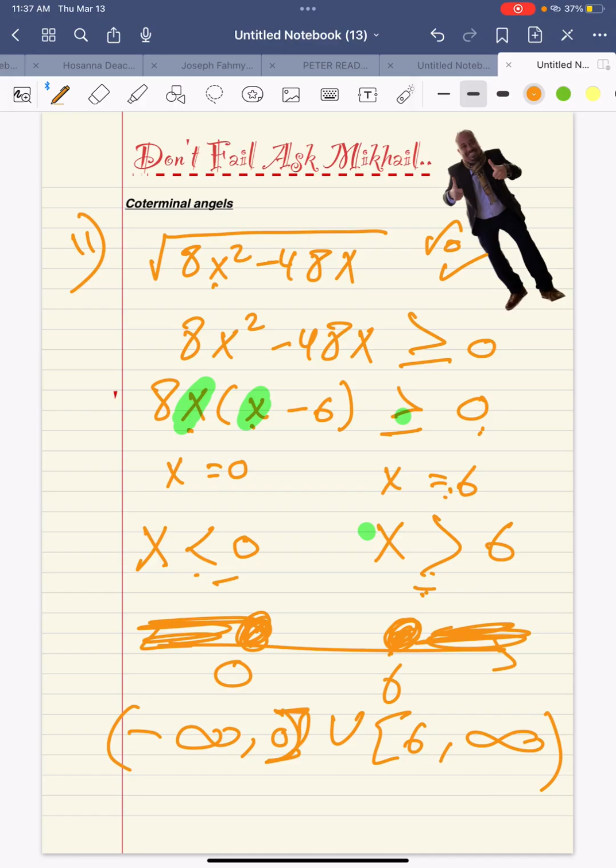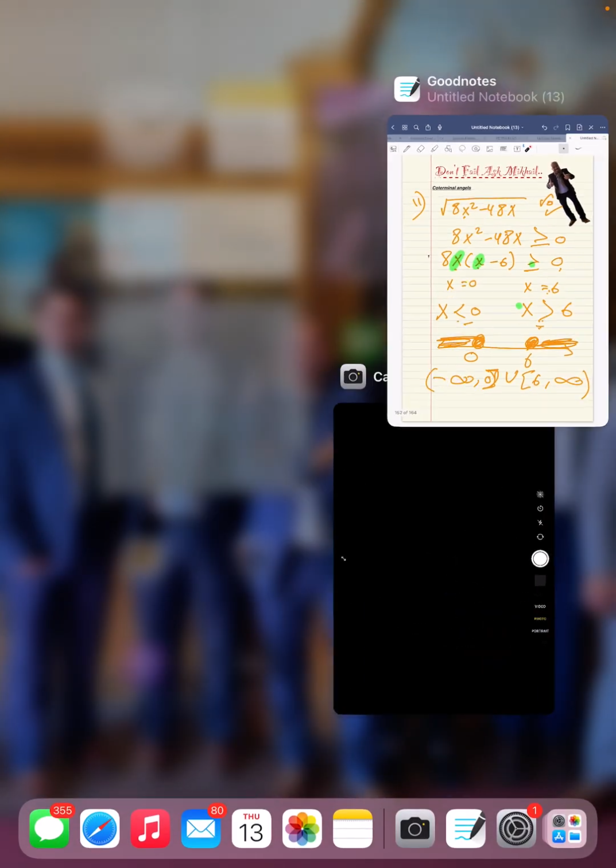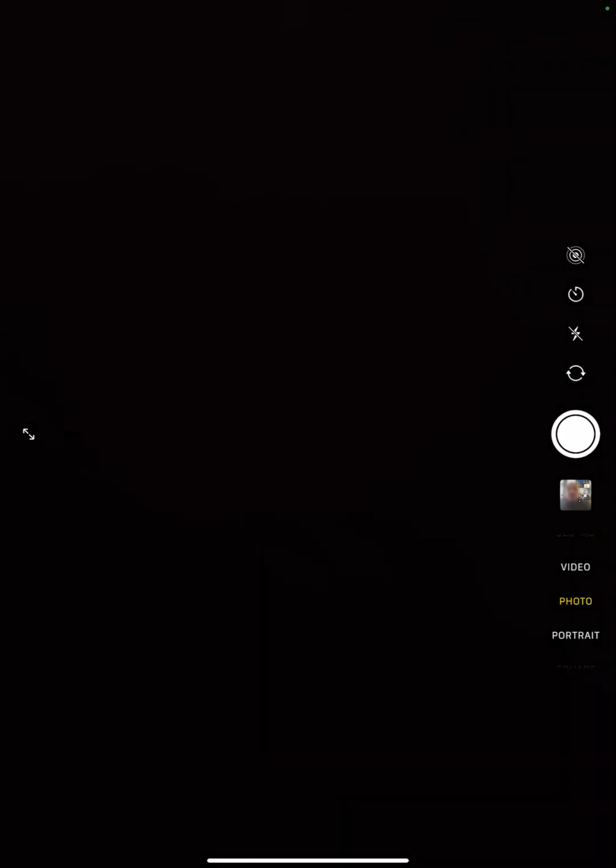Now remember, for this example I did it specifically to show you that when you have two x's here, what value for x makes the thing 0? x is 6 will give you 0. x is 0 will give you 0. So I get two values here, 0 and 6. The bigger number gets the greater than, the smaller number, or the negative numbers, gets less than.